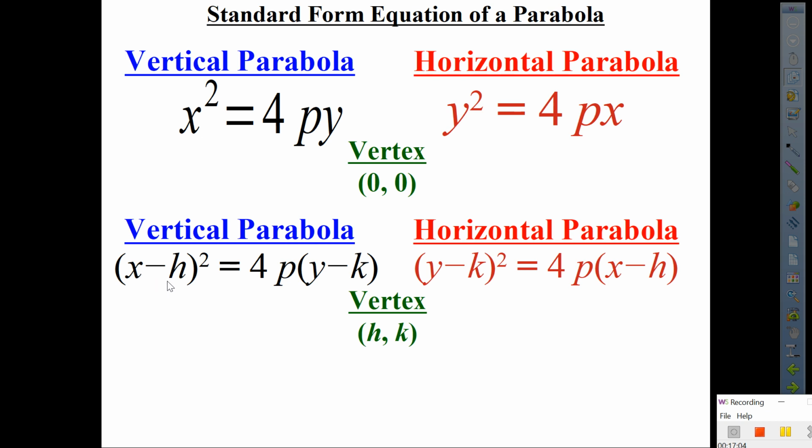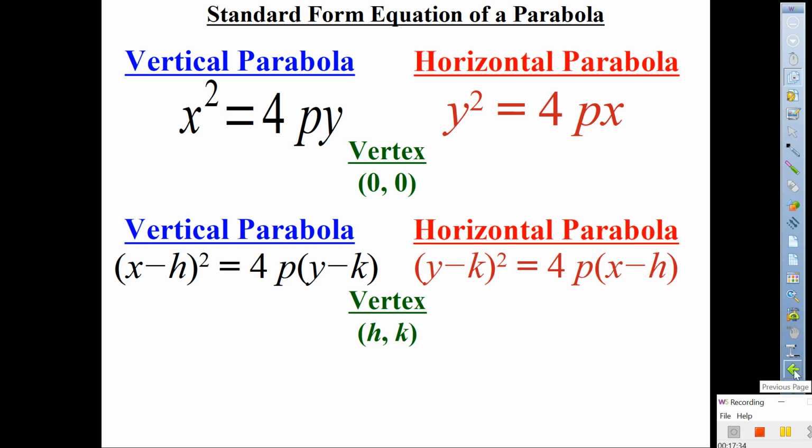The h will always remain with the x, because that's part of the general rule. Remember when we did transformations? It was always x minus h. And the k will always be next to the y. Look at this one: the k is next to the y, and the h is next to the x.